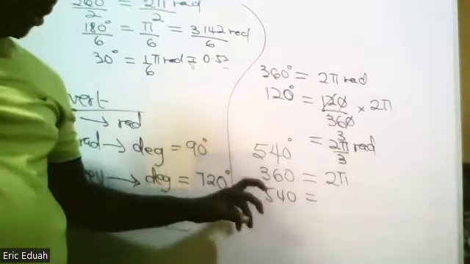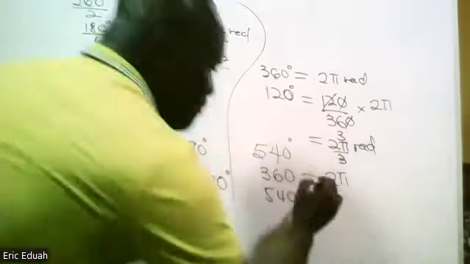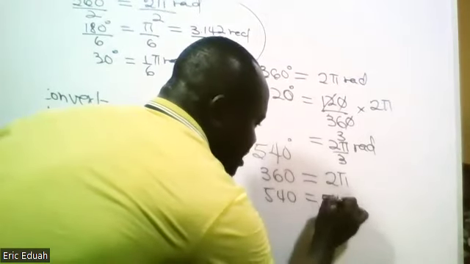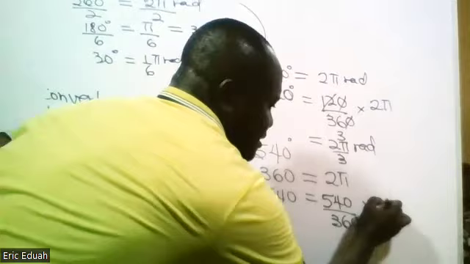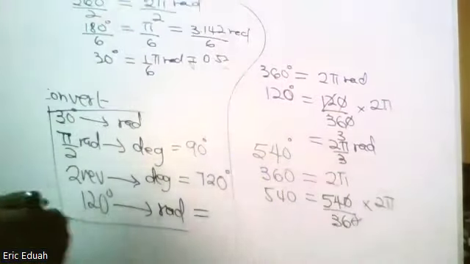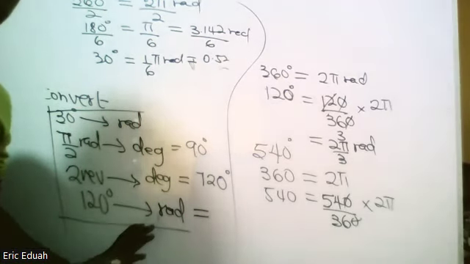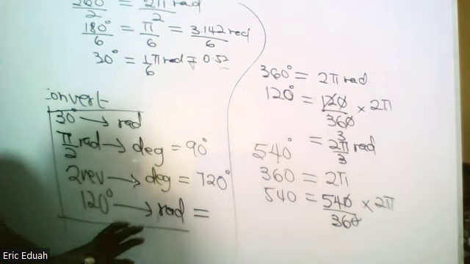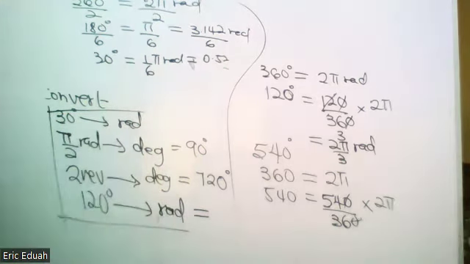If more, we divide this more, 540, by this less. So 540 divided by 360 times 2 pi. Then we do our cancellation. Please, do we understand? Yes, conversion isn't so difficult.